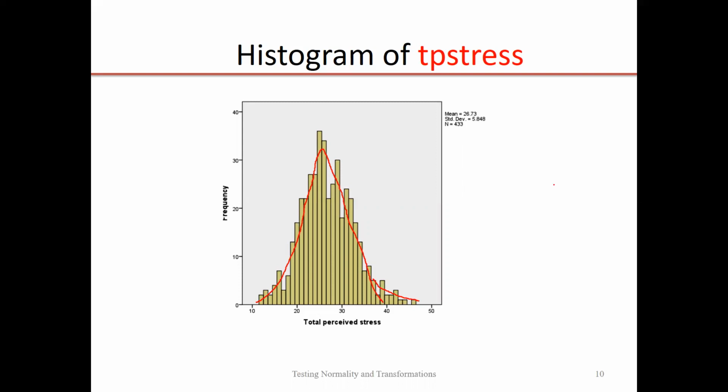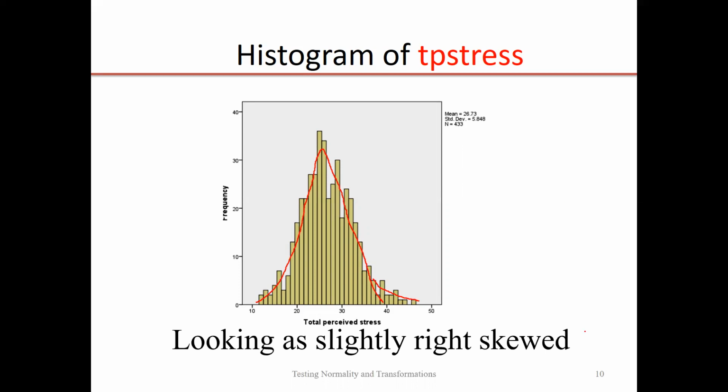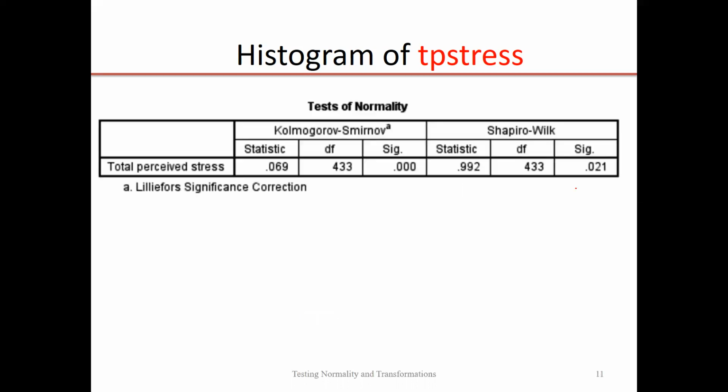This is the indication by the histogram. After analyzing the histogram, the second output is the normality test, the Kolmogorov-Smirnov test.